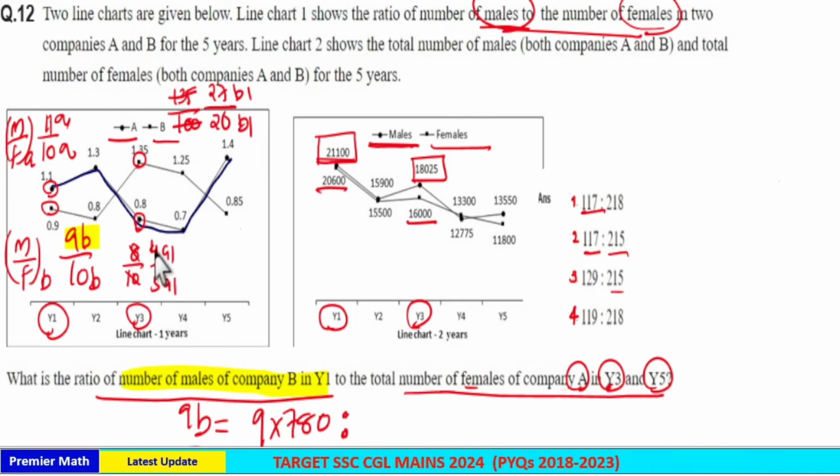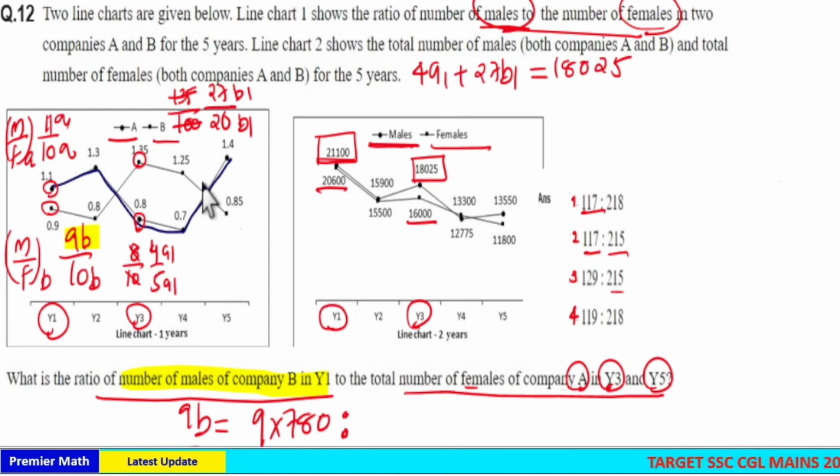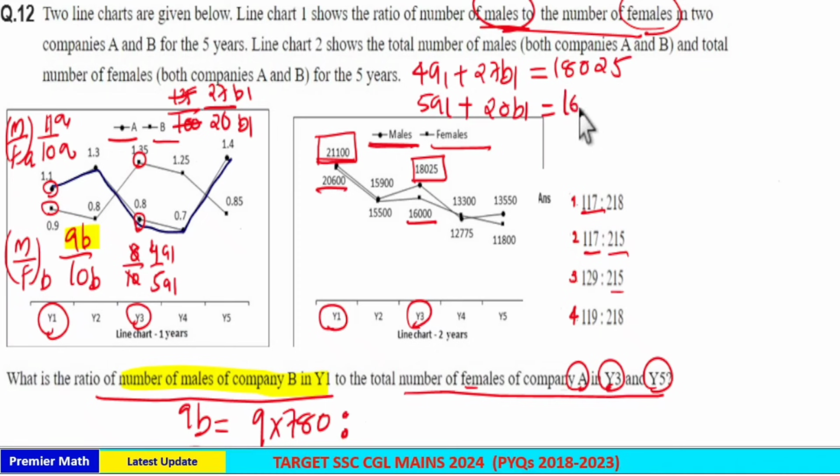So if you write it, 4A1 plus 27B1 is total number of men, which is 18025, and 5A1 plus 20B1 total number of women, which is 16,000 for the year 3.